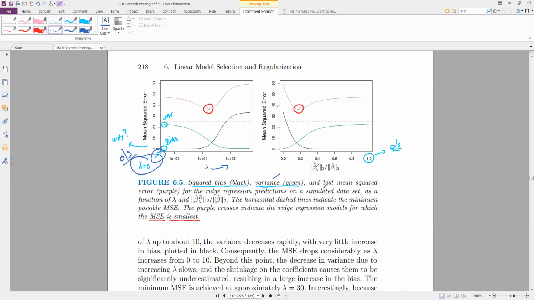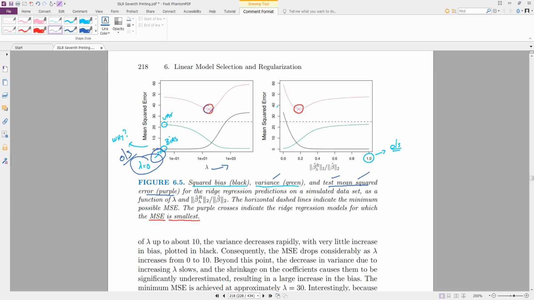Well, let's also look at what happens to the test mean squared error, purple, for the ridge regression. Look what happens as you increase lambda. It drops, but then it also increases over here. That's the test mean squared error, so that's on a new sample.